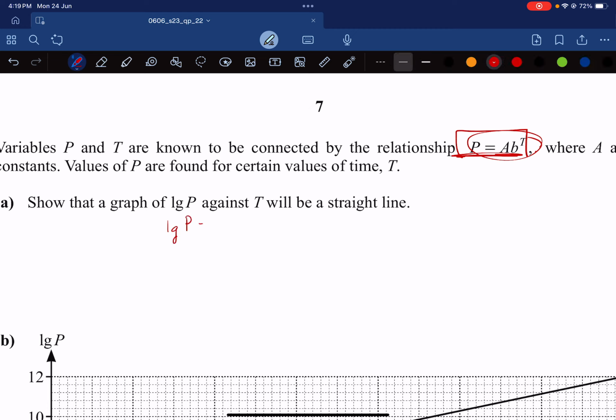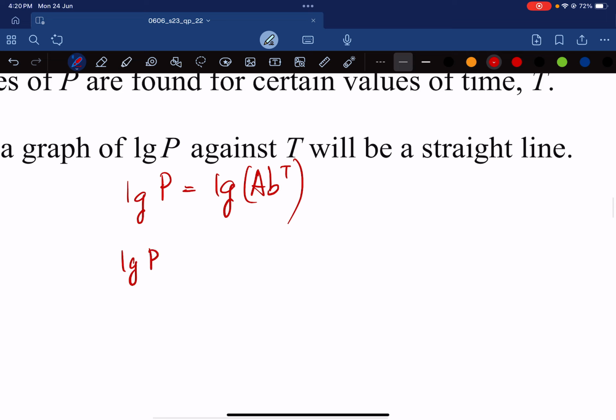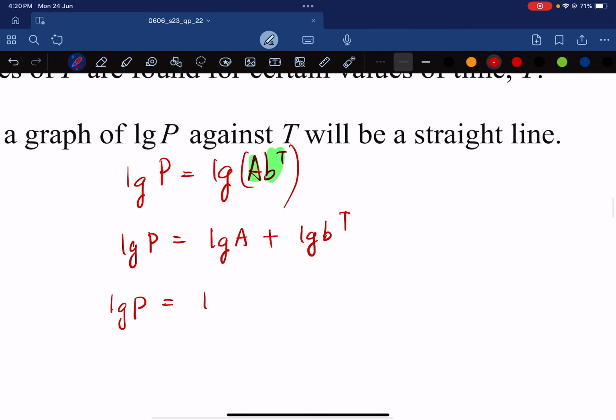So lg p equals lg of a times b to the power of t. Since this is a product, you can write it as log a plus log b to the power of t. For log p, the t we can put in front, so it would be t times log b, which is log b times t, and then plus log a.